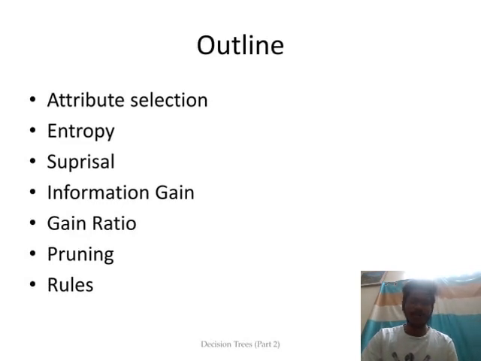First one is attribute selection, second one is entropy, third one is subappraisal, fourth one is information gain, fifth one is gain ratio, and the next one is pruning and their rules. These are the contents we are going to discuss in the upcoming slides. So let's start.